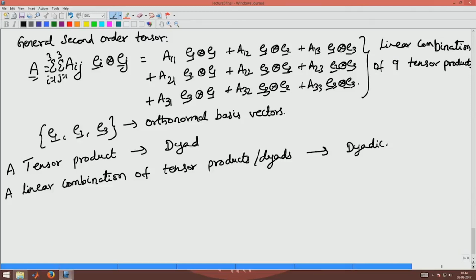Now what I am interested in is how to find the components Aij.